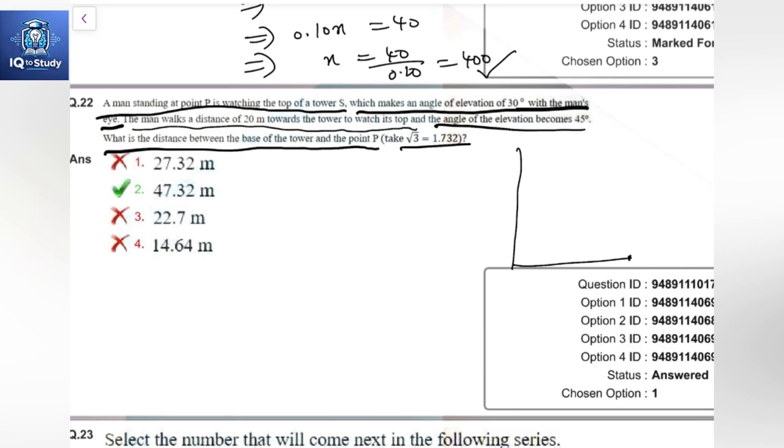It makes an angle of elevation of 30 degrees. He walks a distance of 20 meters towards the tower to watch its top, and its angle becomes 45 degrees.